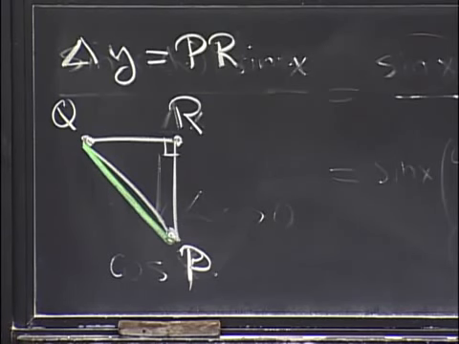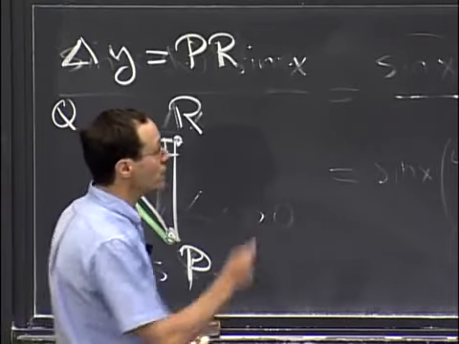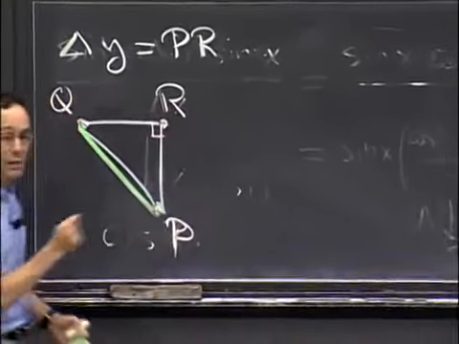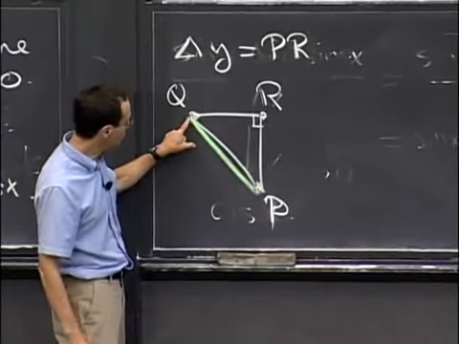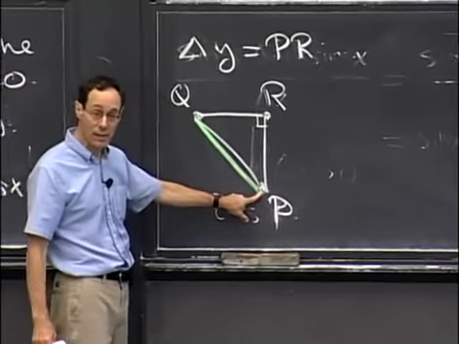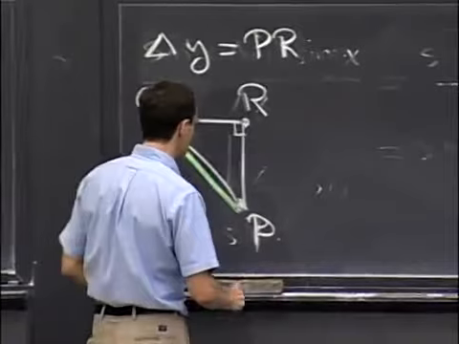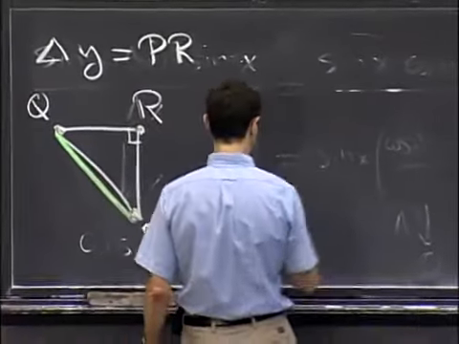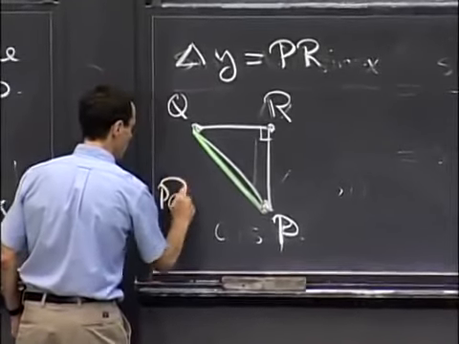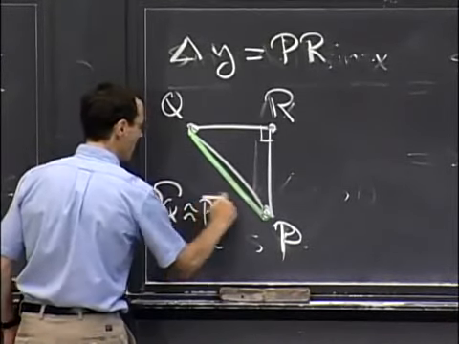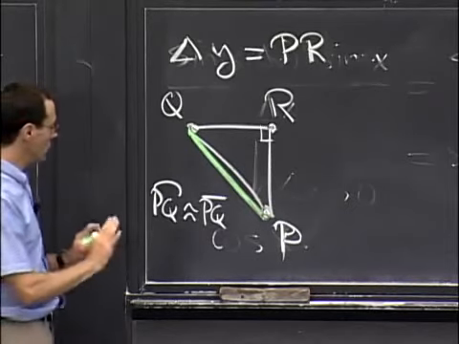Okay, so now the key step is this same principle that we already used, which is that short pieces of curves are nearly straight. So that means that this piece of the circular arc here from P to Q is practically the same as the straight segment from P to Q. All right, so that's this principle that, well, let's put it over here, is that the arc PQ is practically the same as the straight segment from P to Q. So how are we going to use that?